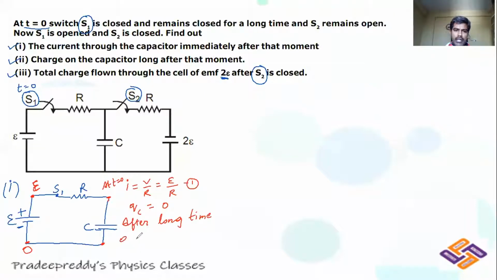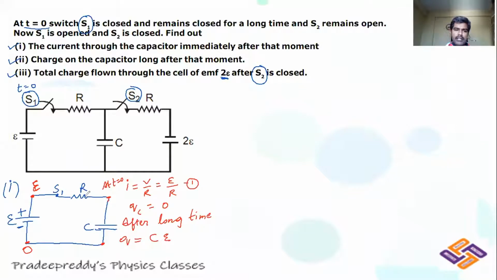You want to find the charge accumulated on the capacitor. Charge Q is equal to C times the battery voltage connected here, which is E, because after a long time there is no current in the circuit.